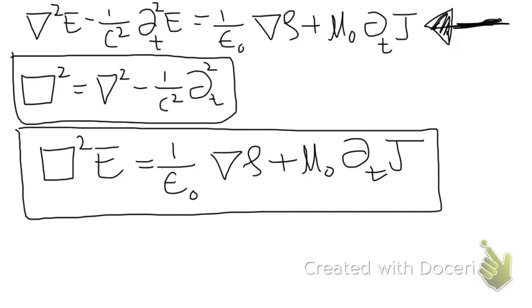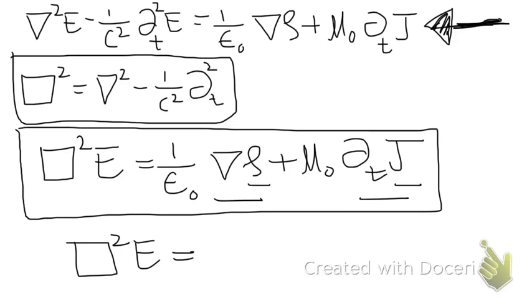Okay, so now you can substitute for charge density and current density as being equal to 0 for a free space, and so for the free space then you could get your Maxwell wave equation for electric field as this term will be 0, first term over here will be 0, this term over here will be 0, so equal to 0. So this is your Maxwell wave equation for electric field for a free space, right?